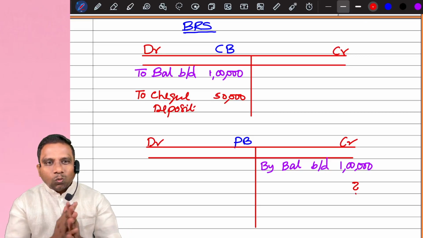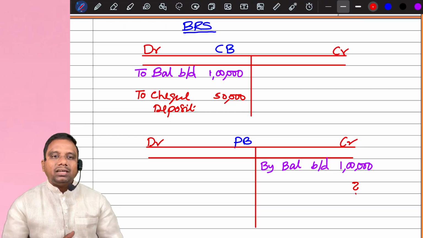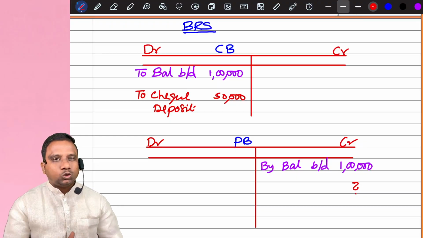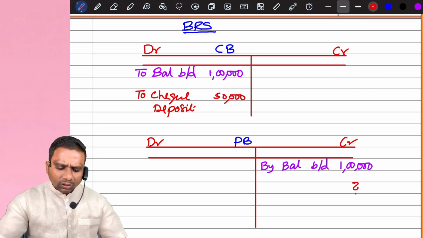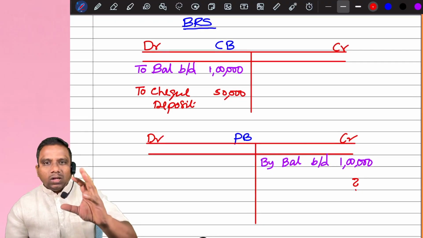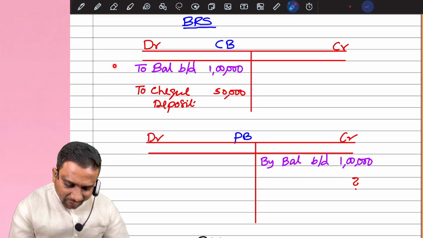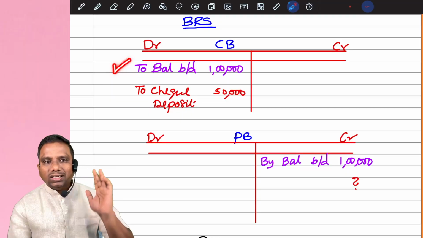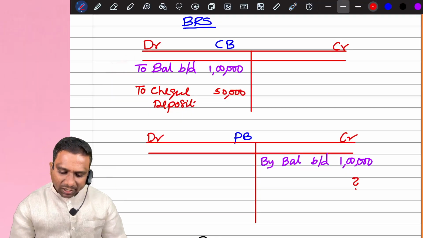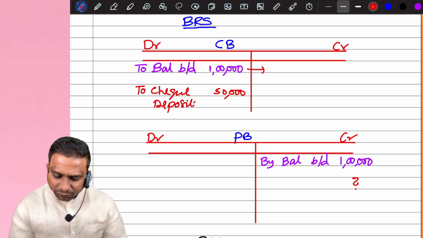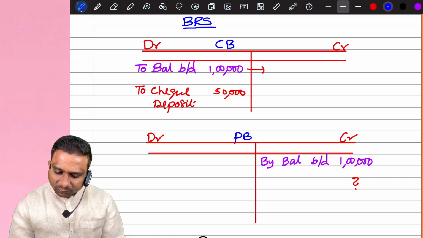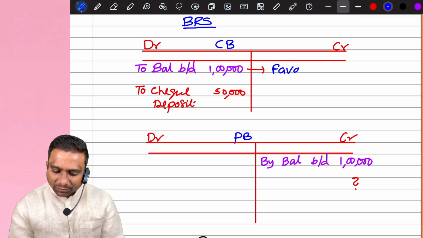Now we discuss one example to understand how the BRS problems are to be solved. Let us take cash book and passbook. Here I am taking the cash book opening balance as 1 lakh debit balance. Cash book debit balance means this is a favorable balance.